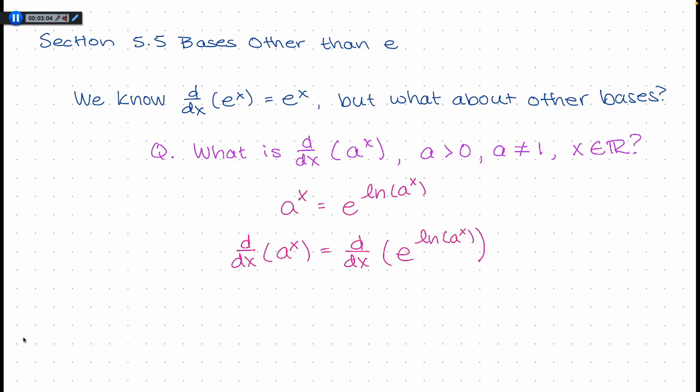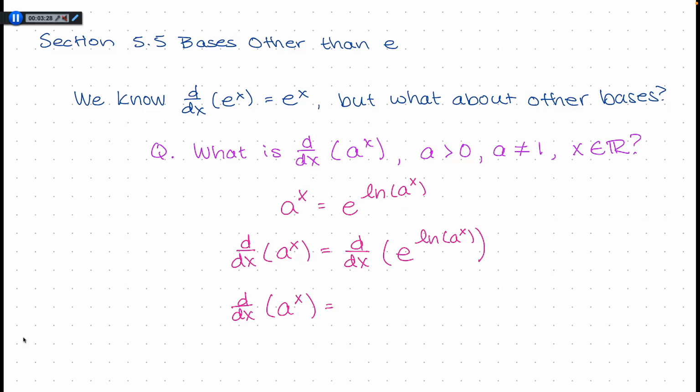So I'm going to leave that alone and just write it again, derivative of a to the x. But now on the right, we did rewrite it so we have base e. So we actually know how to do this now.